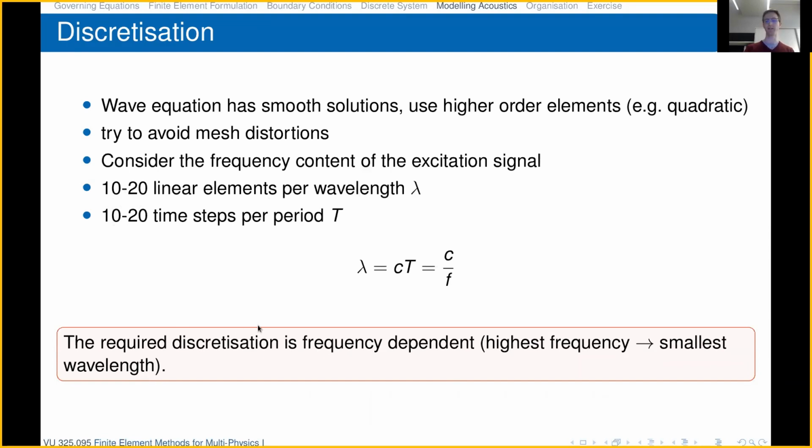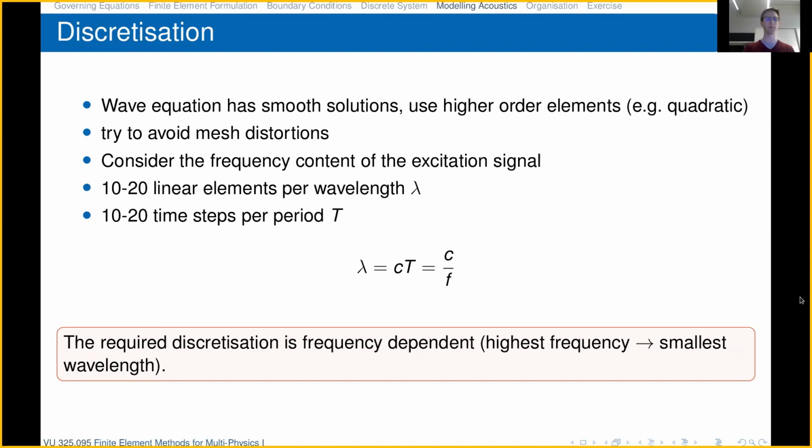The highest frequency you want to investigate leads to the smallest wavelength and therefore determines the mesh size you need to use to resolve the spatial phenomena in the acoustic formulation. And similarly, the frequency of the excitation signal, in case it's transient, will give you the required time step for a transient simulation.